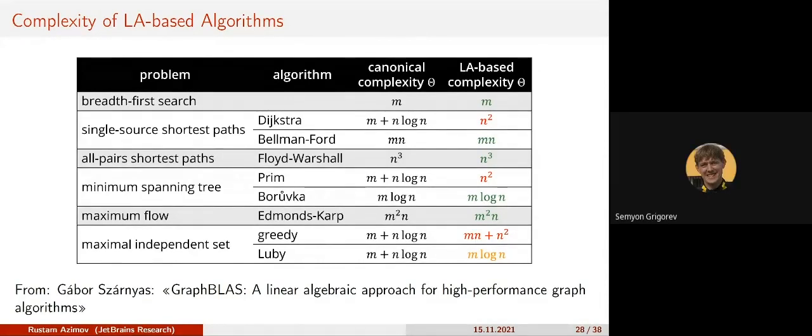When we talk about systems of equations, it's just a direct solution, but if we have a single source shortest path problem or something like this, we can look at only one column or one row of this equation in matrix format.